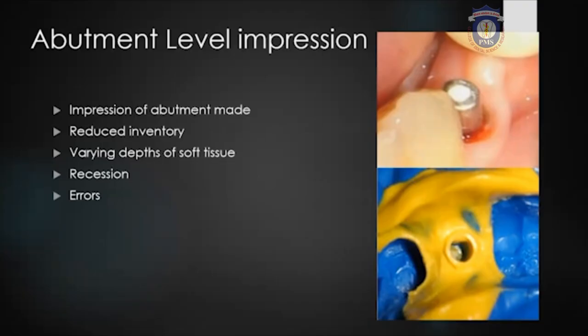To restore an implant, you need to have an abutment. The abutment is the component which connects the implant to the crown. What is an abutment level impression? The implant is basically placed within the bone and the gingiva covers the implant.